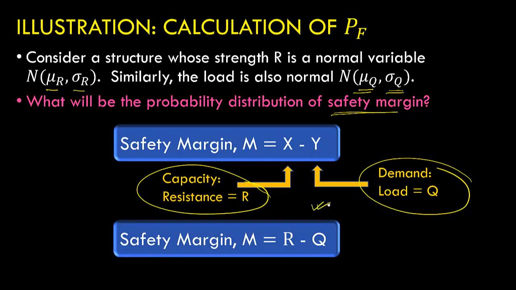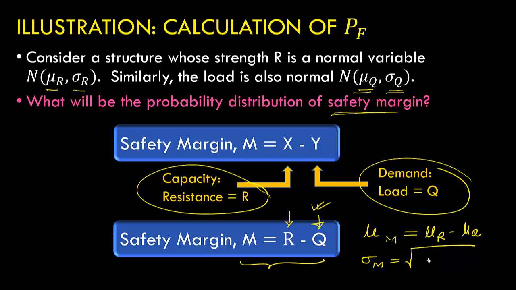Now we can also calculate the mean for this new random variable M. If you remember, we have discussed already, if R is normally distributed and Q is also normally distributed, then we can write the mean for the corresponding function, in this case mu M, as nothing but mu R minus mu Q. And we can also write sigma M as the square root of sigma R square plus sigma Q square.